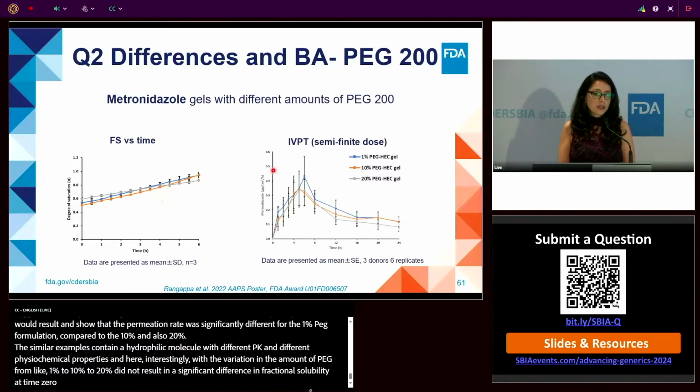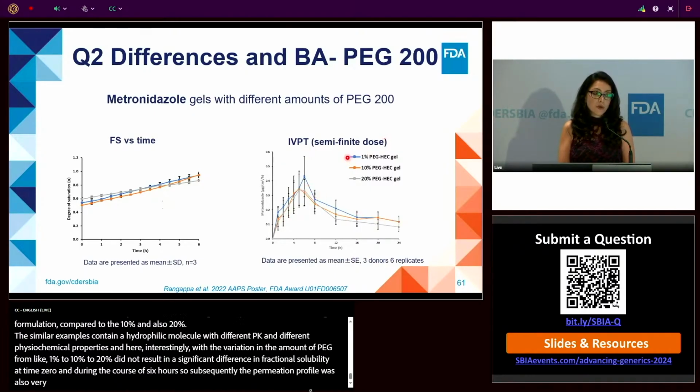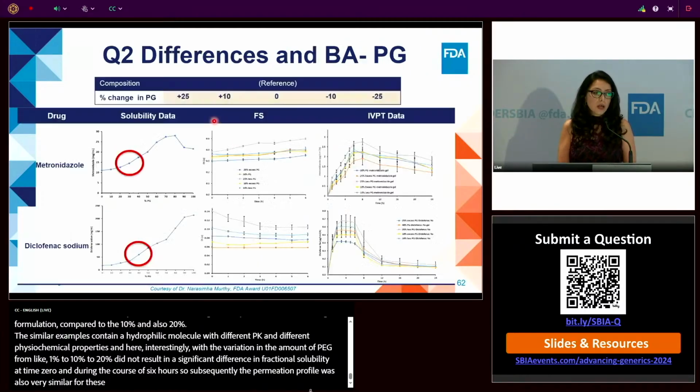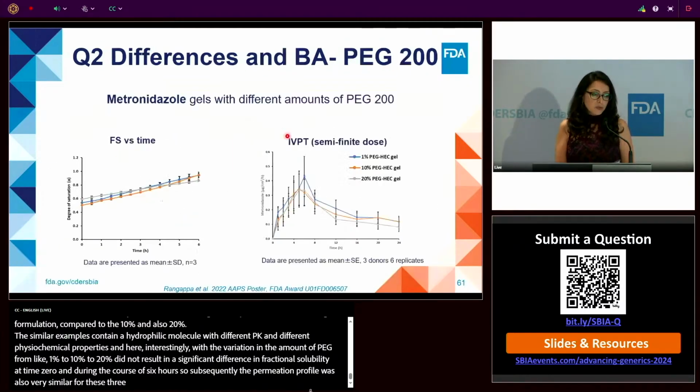So subsequently, the permeation profile was also very similar for metronidazole from these 3 formulations. So we were able to establish a nice correlation between the drug bioavailability and the thermodynamic activity.